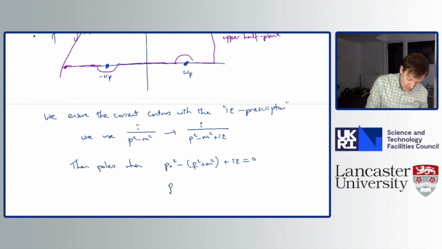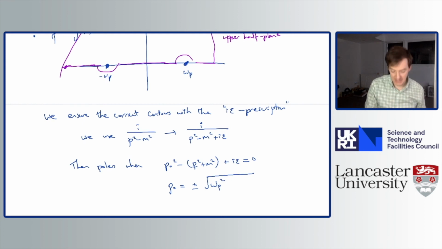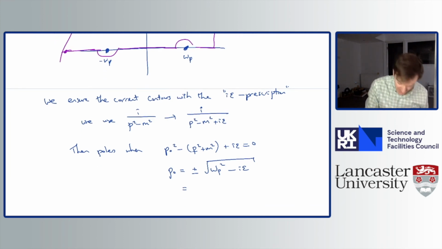In other words, we have poles at p naught, introducing the omega p squared piece again, for p squared plus m squared, it'll be omega p squared minus i epsilon. So epsilon is a small number. We're going to take the limit that it goes to 0. So this is the same as plus or minus omega p times 1 minus i epsilon prime.